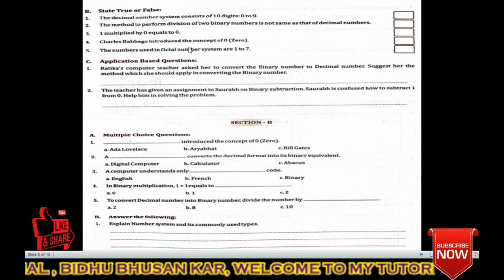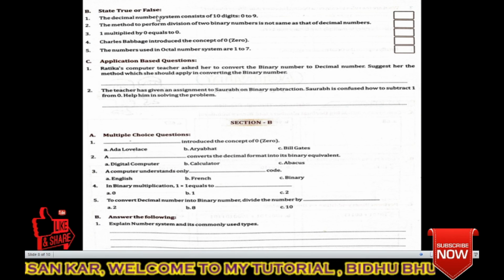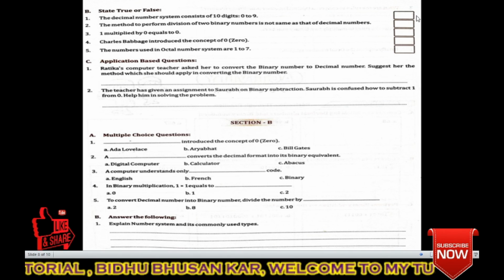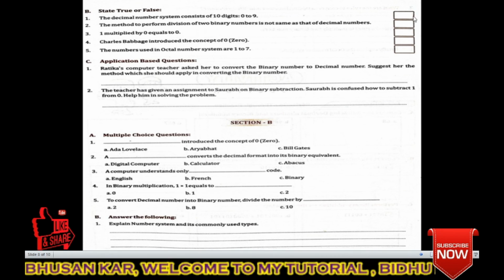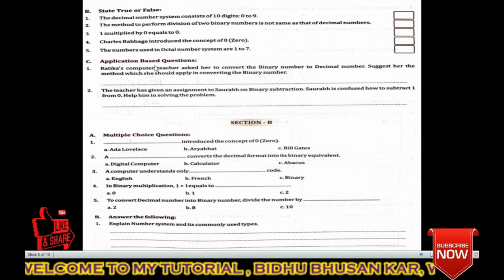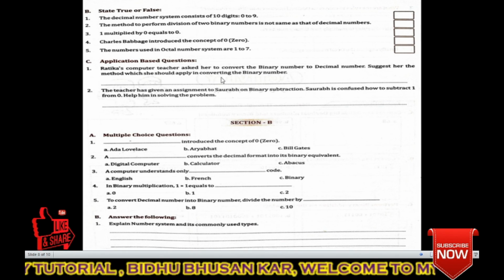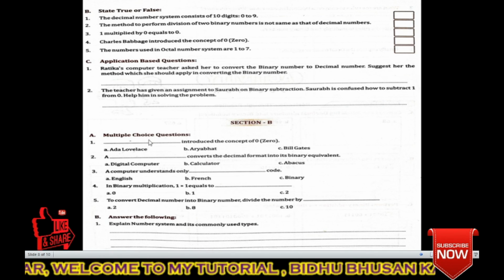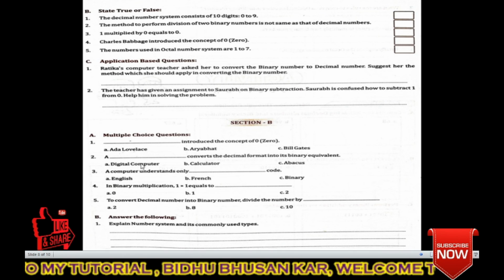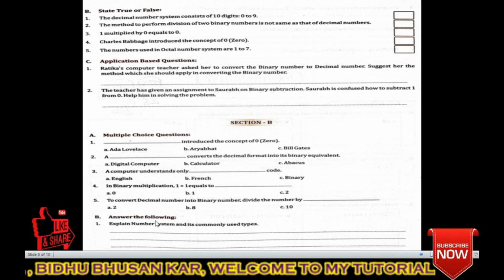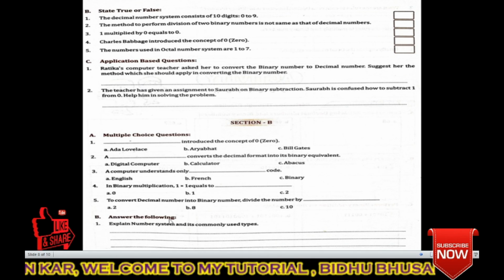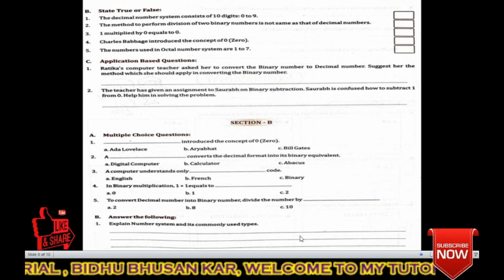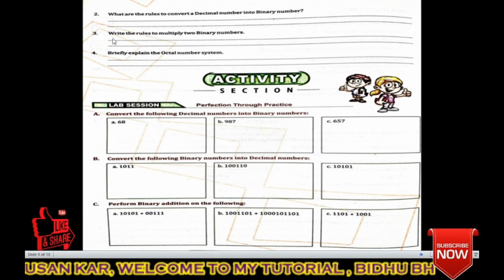This is B, state true or false. You have to read the questions and write all the answers here. Then application based questions, you have to simply think about what is written there and answer accordingly. Then question B, multiple choice questions. You have to select the answer. Then B, answer the following. You have to write two or three lines. Okay, next.